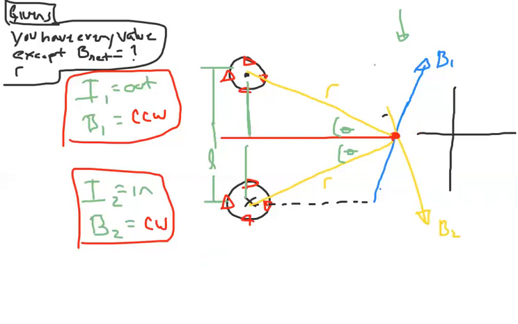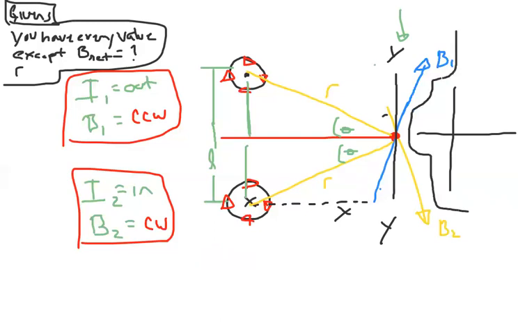Because we can see that we could put a Y coordinate and an X coordinate on this thing, essentially put a graph, like I'm drawing right there. What I want to do is just draw this picture on a graph.